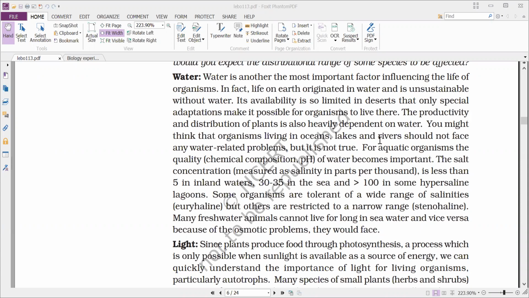As a result, what happens? The water will move from higher water potential to the region of lower water potential. That is from the water body into the body of the organism. So continuously the water is taken up.